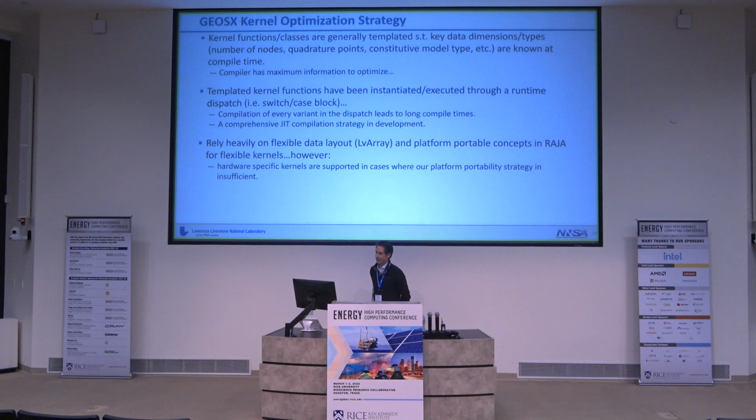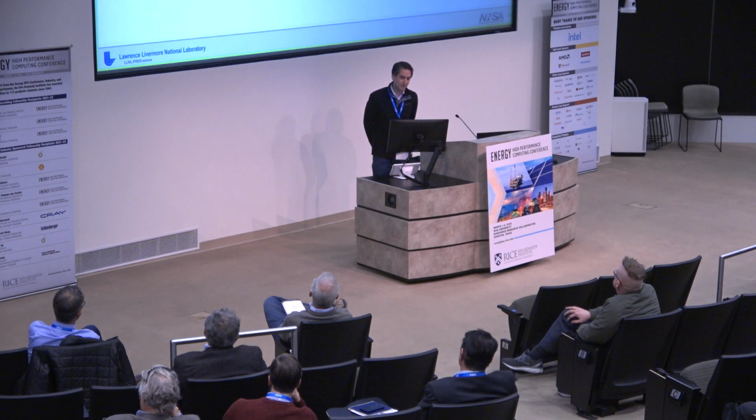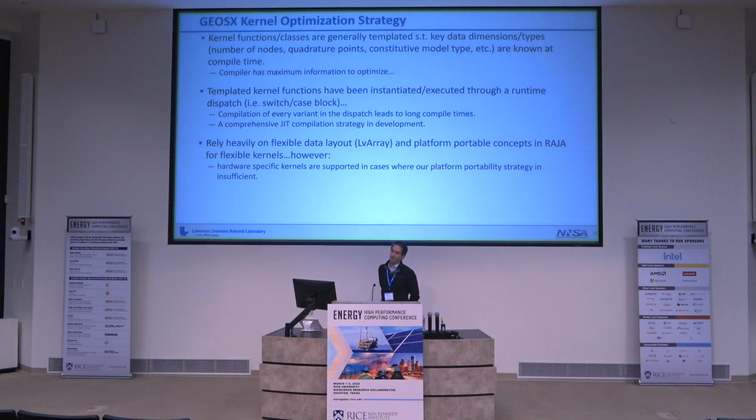Our kernel functions and classes for the code, and this is akin to an explicit time integrator, so a wave propagation problem, if you will, are templated on things like number of node quadrature points and constitutive model type. The reason for this is to give the compiler the maximum information possible so that it can do the optimization as best as it can.